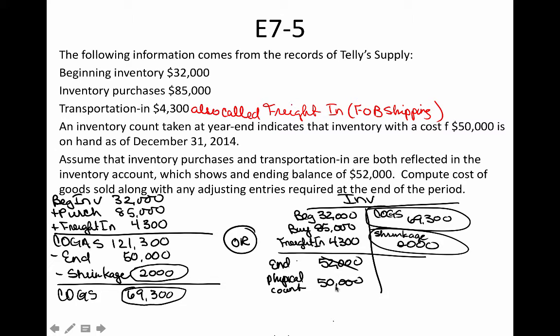Well, the difference, or the $2,000, is shrinkage, meaning they broke, they were stolen, something happened to those other $2,000 of inventory, and that's known as shrinkage. So we have cost of goods sold, but we can also have shrinkage in our computations, especially if there's a difference between the physical count of ending inventory and what the account says.